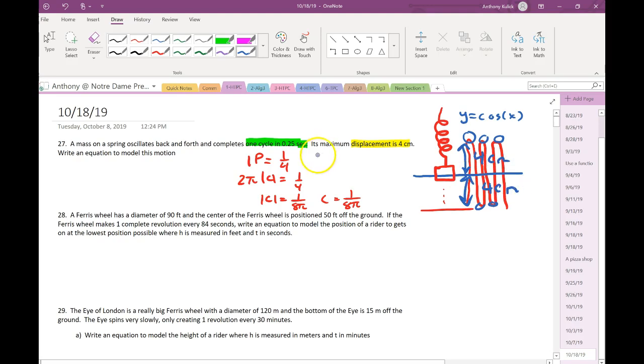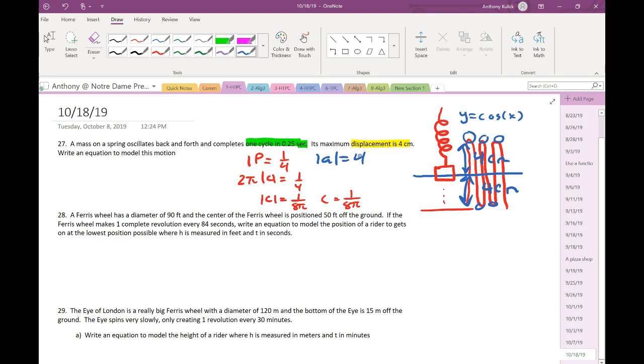So that's absolutely correct in that the amplitude is 4. Now, because this is just moving up and down, can we say anything about h? No. Because we're not told whether we drop it from its maximum or we pulled it down and let it go at the minimum.